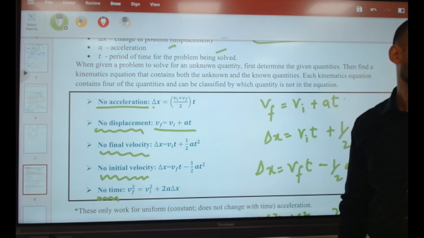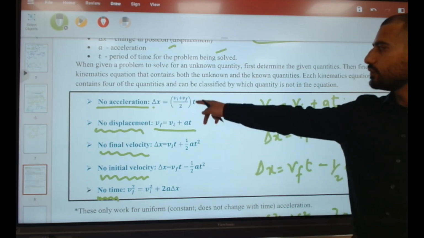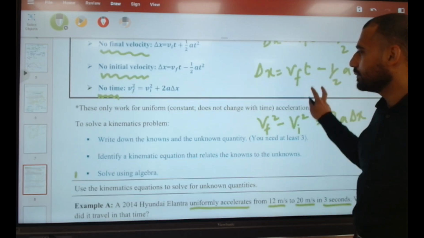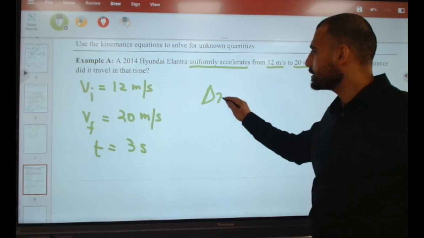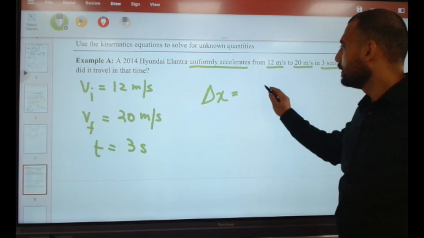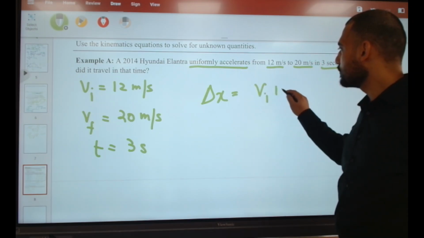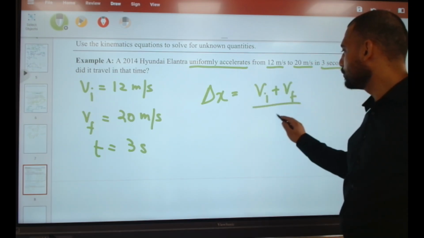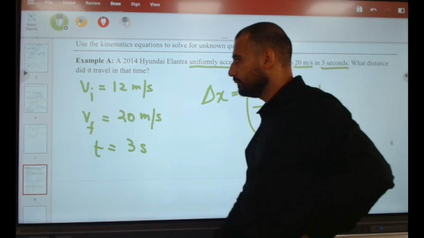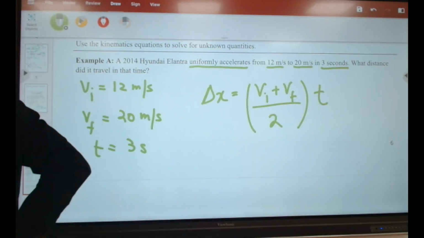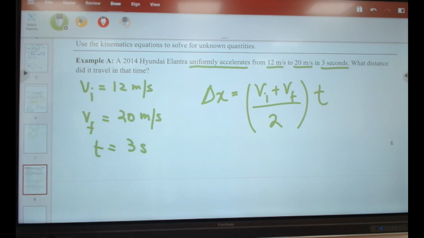That is V initial plus V final divided by 2. So we can say that the displacement is equal to V initial plus V final over 2 into time. Tell me the result.